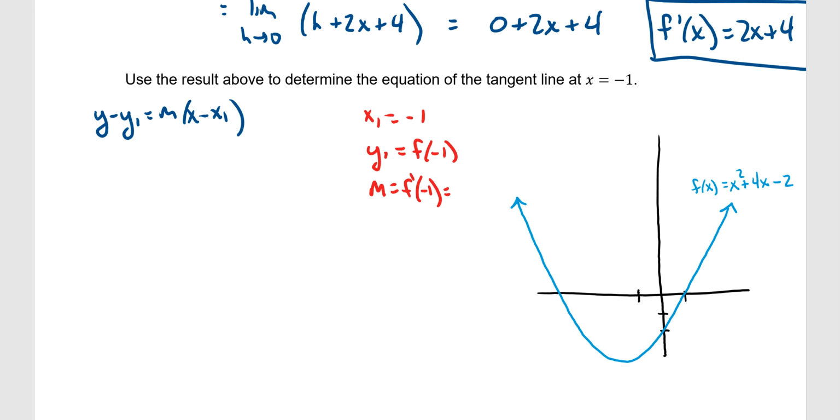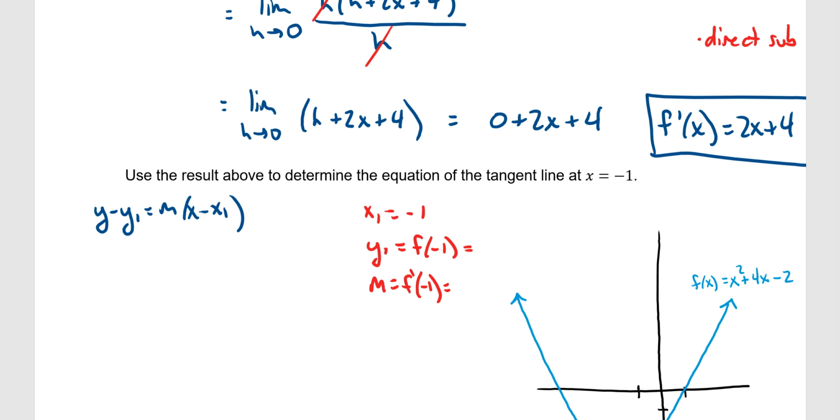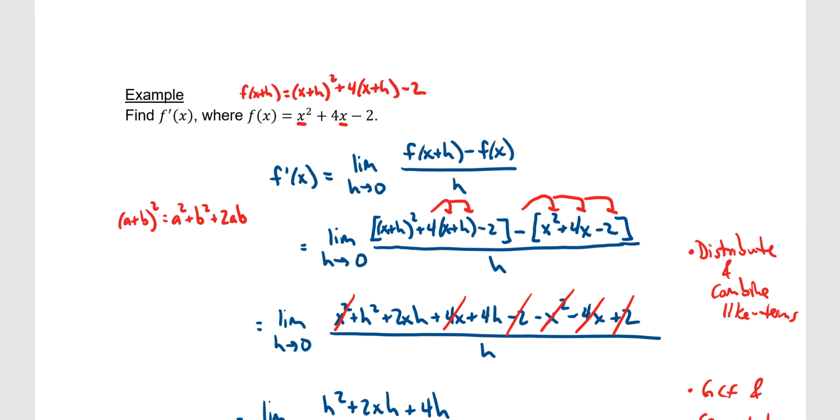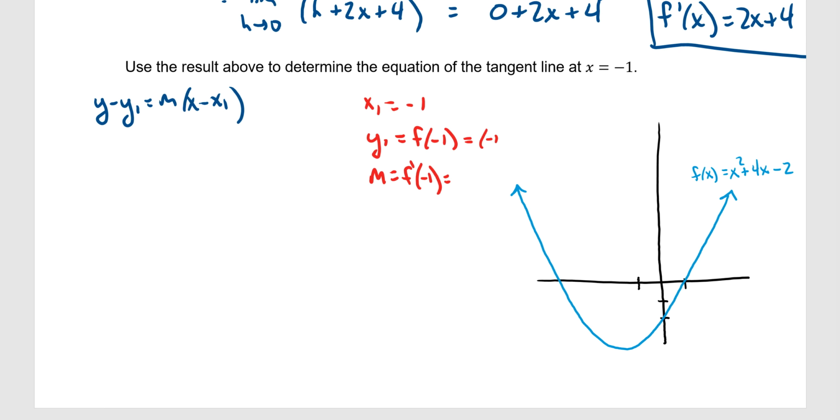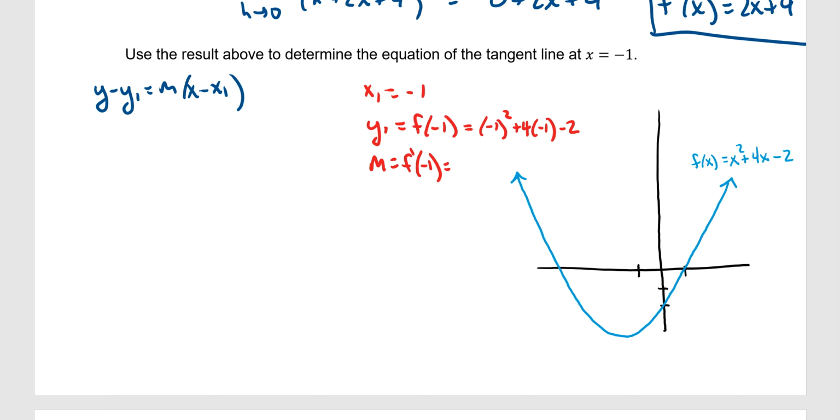So the y value, y1, f of -1, go all the way back up. You're going to plug in -1 into the original function, x squared plus 4x minus 2. So x squared plus 4x minus 2. That'll give us 1 minus 4 is -3, minus 2 is -5.